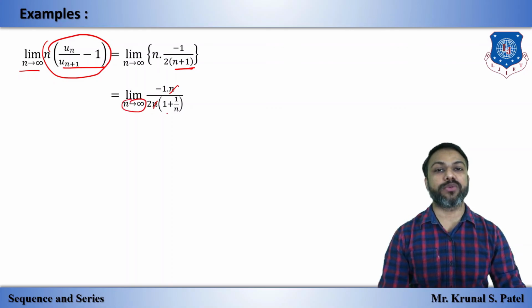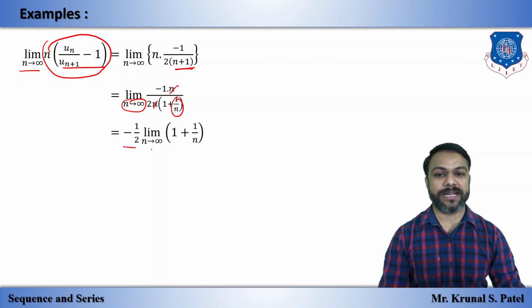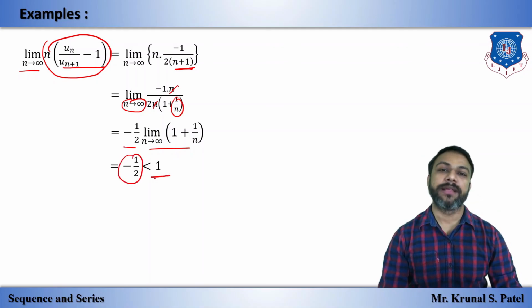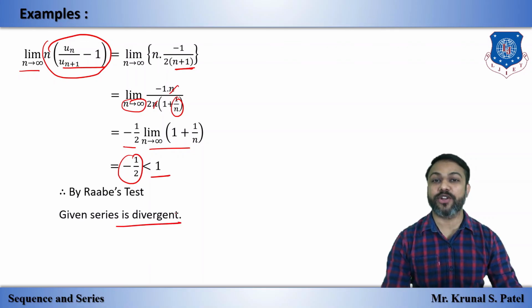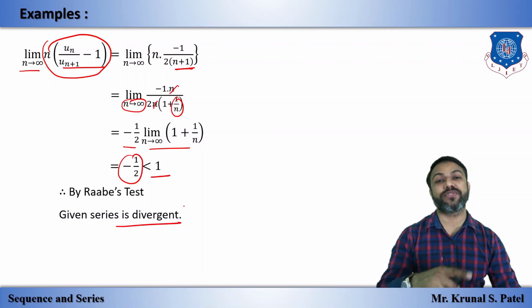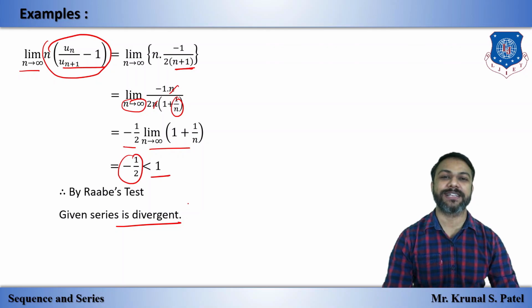If you put n equal to infinity, 1 by infinity is 0. So we have minus 1 by 2 outside, and this is our 1. So the answer is minus 1 by 2, which is less than 1. And by the Raabe test, if it is less than 1, then it is divergent, not convergent, okay? Because it is different from the ratio test.